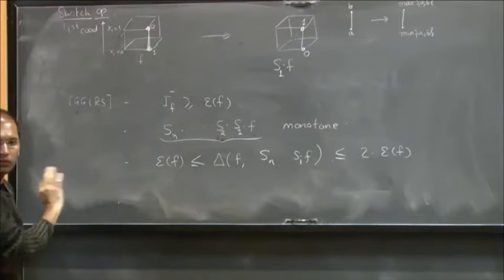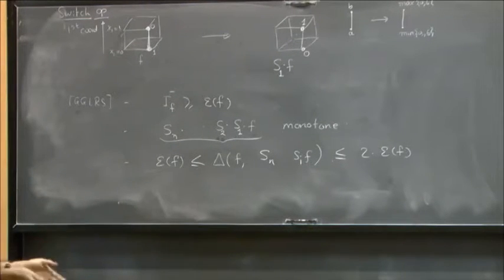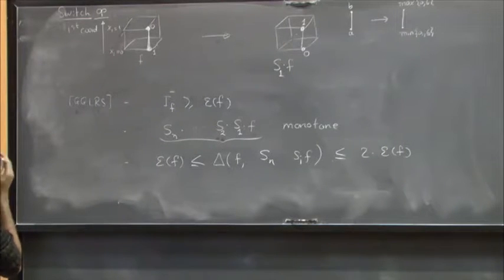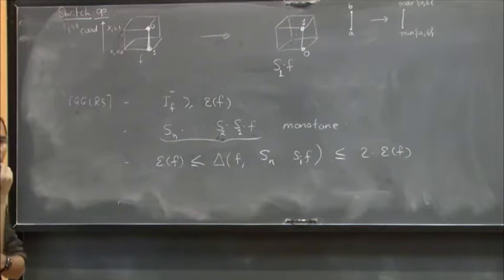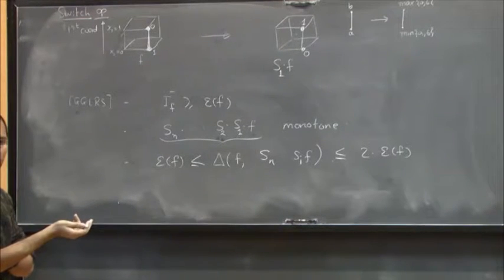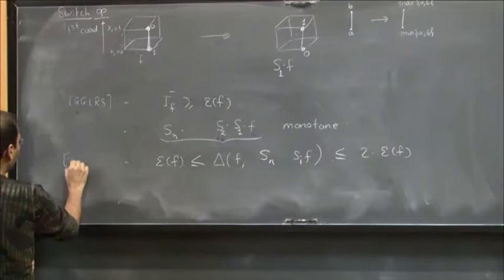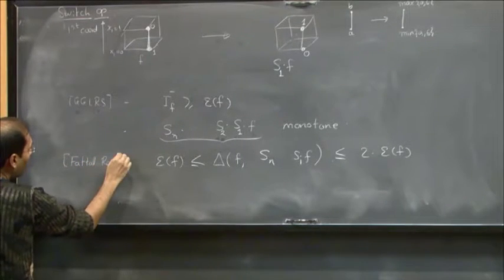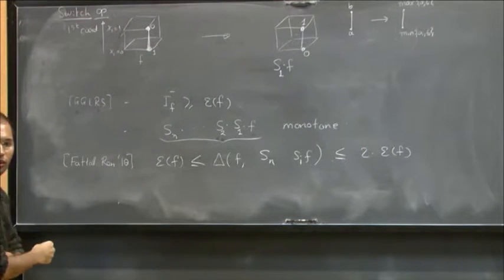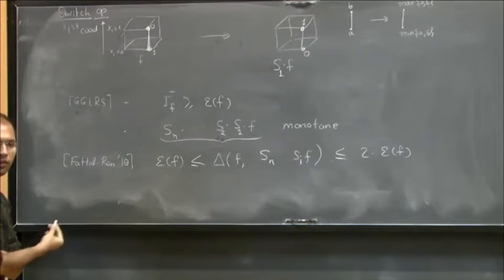Again, it's not obvious at all, but it needs maybe half a page of proof, and in fact, we thought that this was a new observation, and we were quite happy. We even asked many researchers, and they didn't know this either. But in the end, it turned out this was known in a paper of Fattal and Ron from 2010, which I was really surprised by.